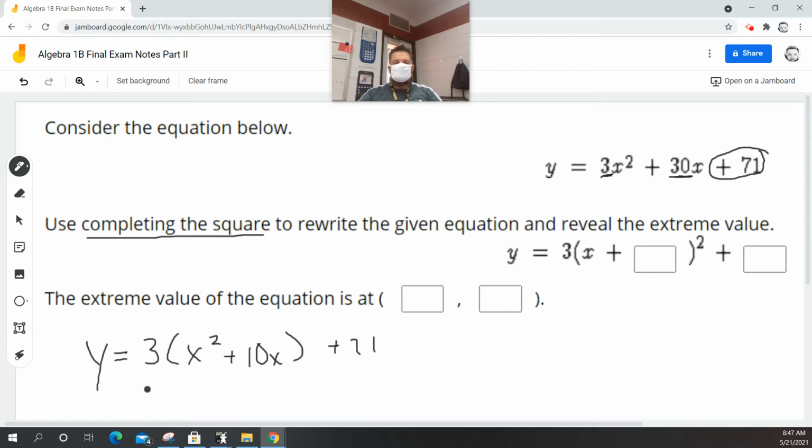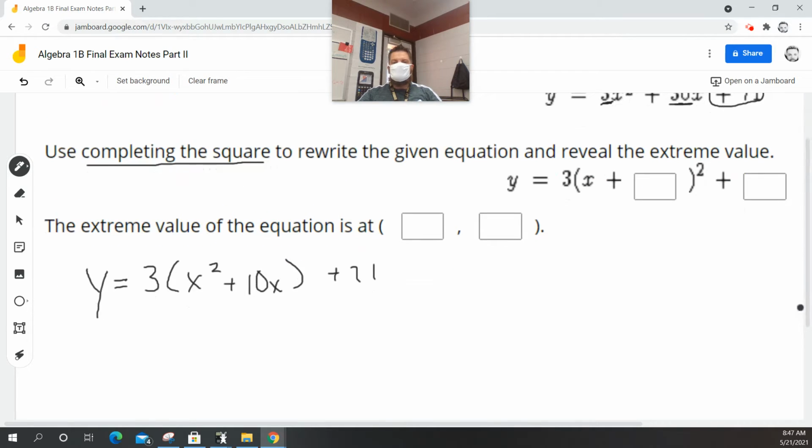Now to complete the square, remember we take the b term, half it, and then square it. In other words, I'm going to say 3 times x squared plus 10x plus 10 over 2 squared.